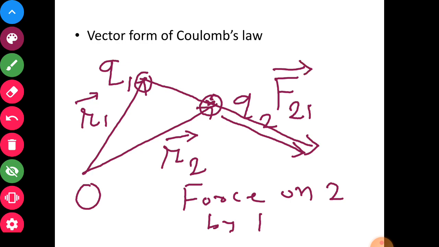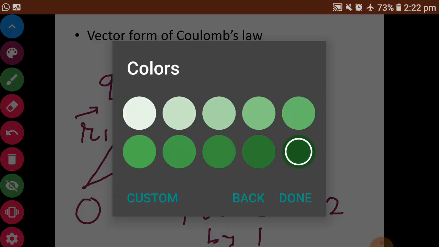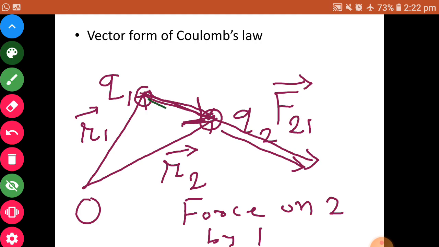Now you want to show this direction in Coulomb's law. If you take the unit vector of this vector, which I have shown by a green line, and multiply the force on 2 by 1 by that unit vector, it will show the direction of the force.